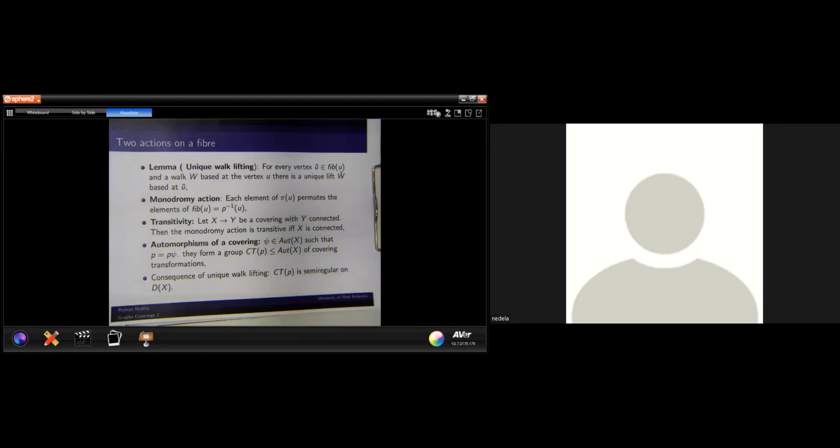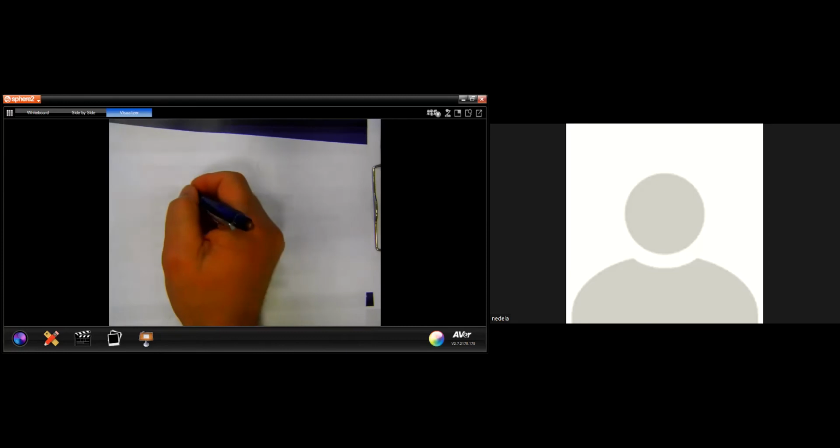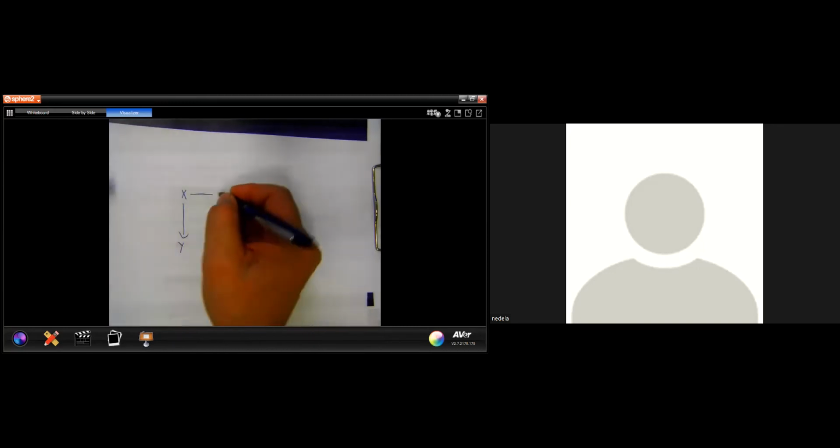But then there is another group associated with a covering, and this is the group which satisfies this condition. P is a covering, so it commutes. And again, what it says is, here we have a covering, and it says this.